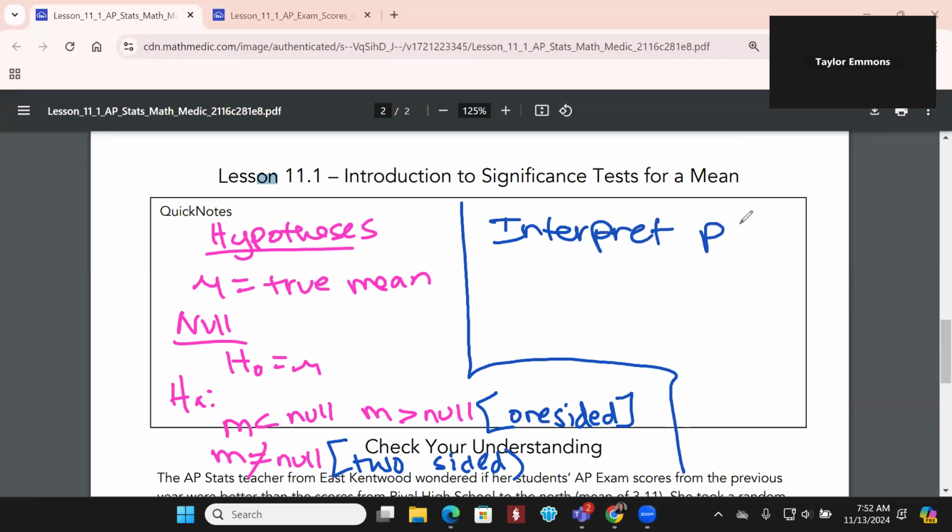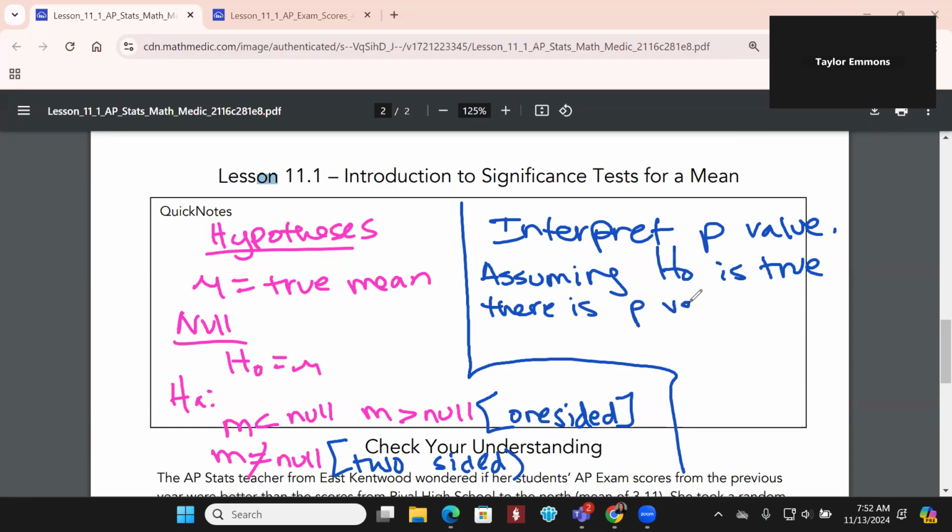Interpret the p-value. So, assuming the null is true, the p-value is the probability of getting x bar of whatever it is or more extreme.